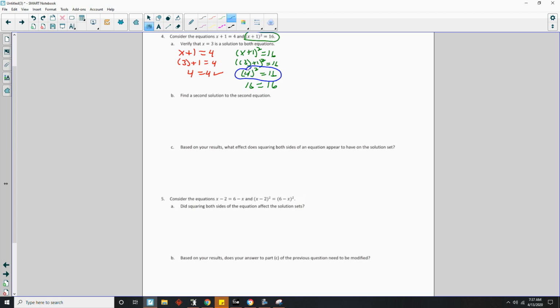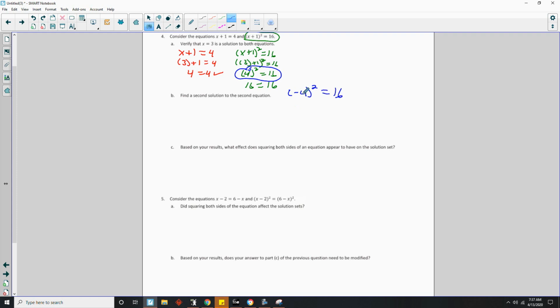So going that direction, or I could just think at this step right here, if you remember, a negative number squared will give you a positive as well. So if that was negative 4 right here, okay, then I'm working backwards. So then I would say, well, let's make this a negative 4. How would I get this to be negative 4? So if negative 4 squared equals 16, that's true.